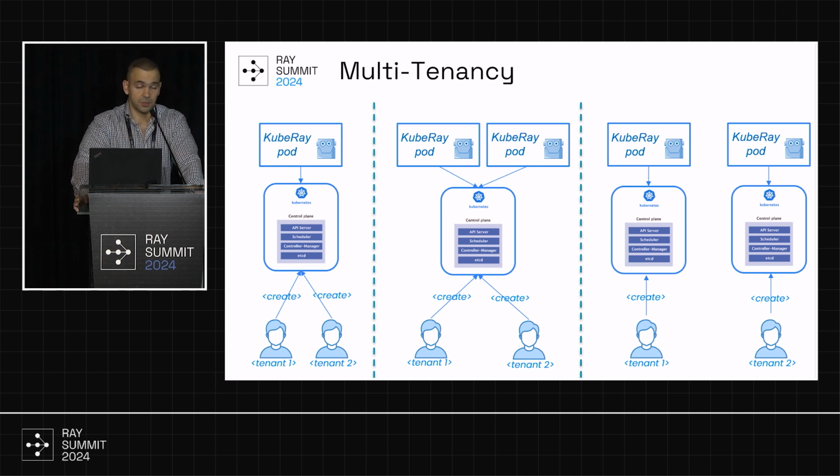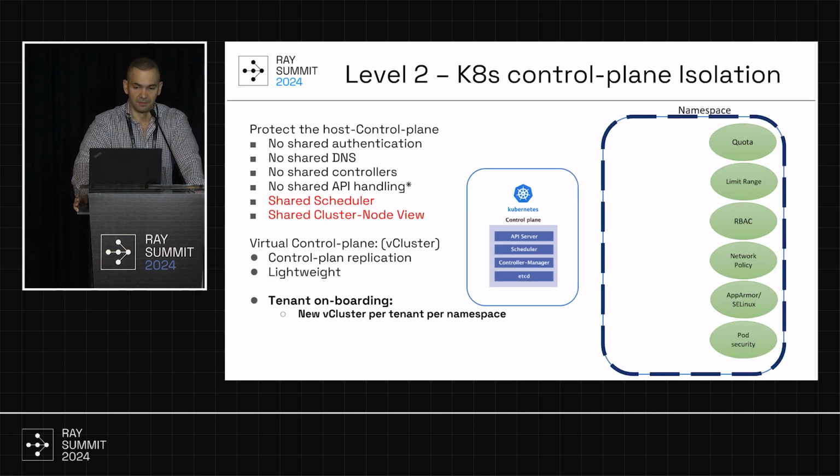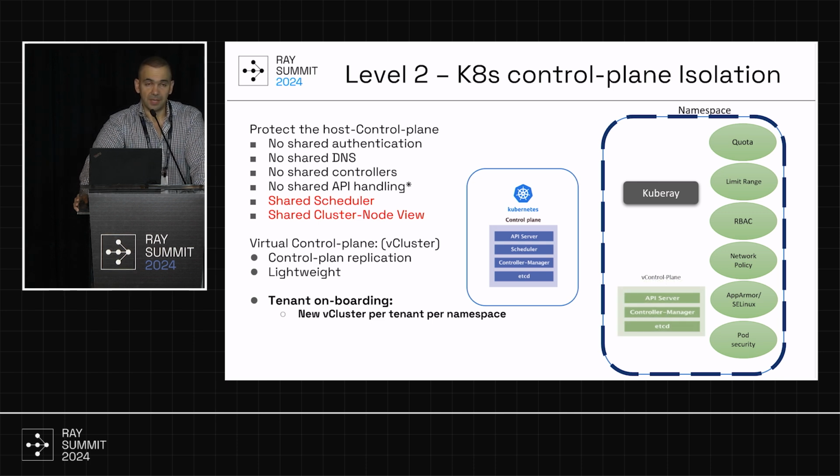And it's simpler than it seems, actually. There are already open source projects that can help with that. So one of those projects would be vCluster. So with vCluster, what you can do is every time you onboard a new tenant, you have already secured the namespaces with Kyverno. Instead of having KubeRay talk to the Kubernetes API server, what vCluster can do is simply inject a new pod inside your namespace, and that becomes your vCluster.